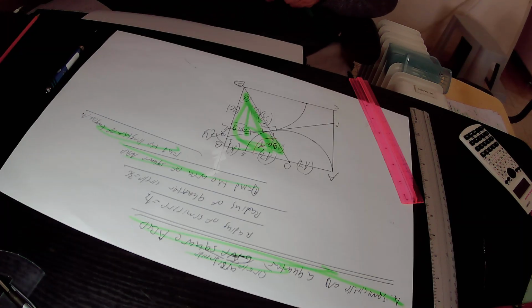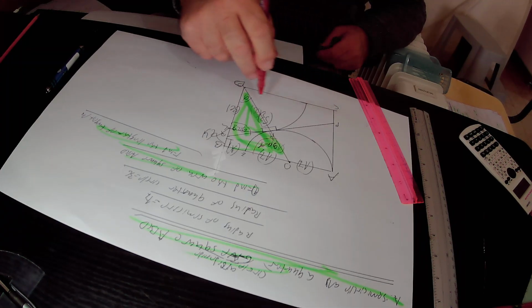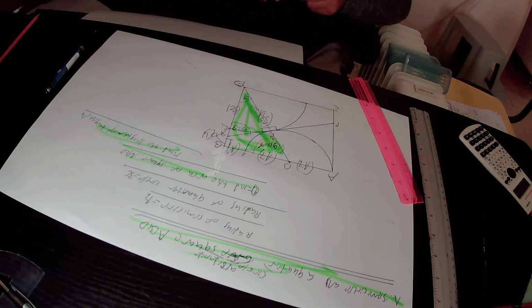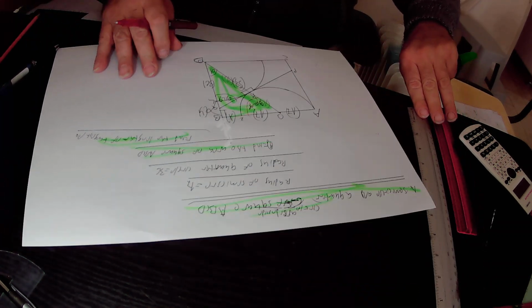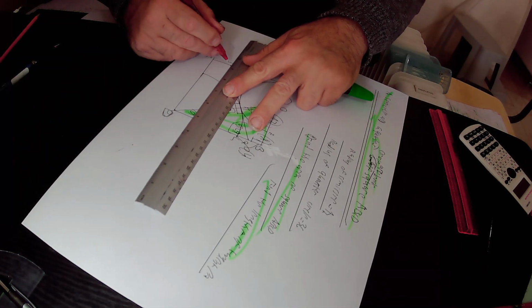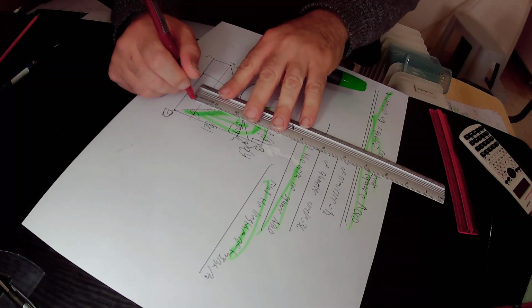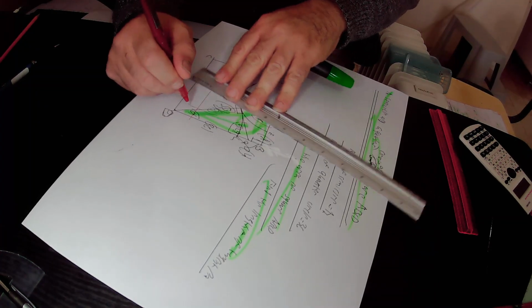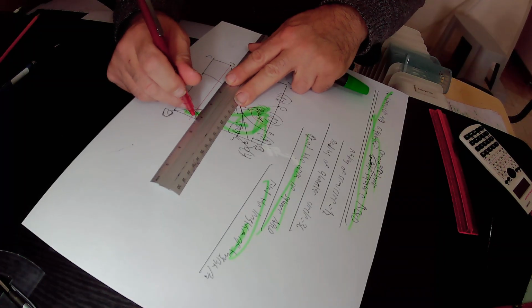In the next step, we will do a construction. That is to say, from point P, we will draw a perpendicular on BD. So actually, this angle equals 90 degrees in size, and this angle also equals 90 degrees in size according to our construction.